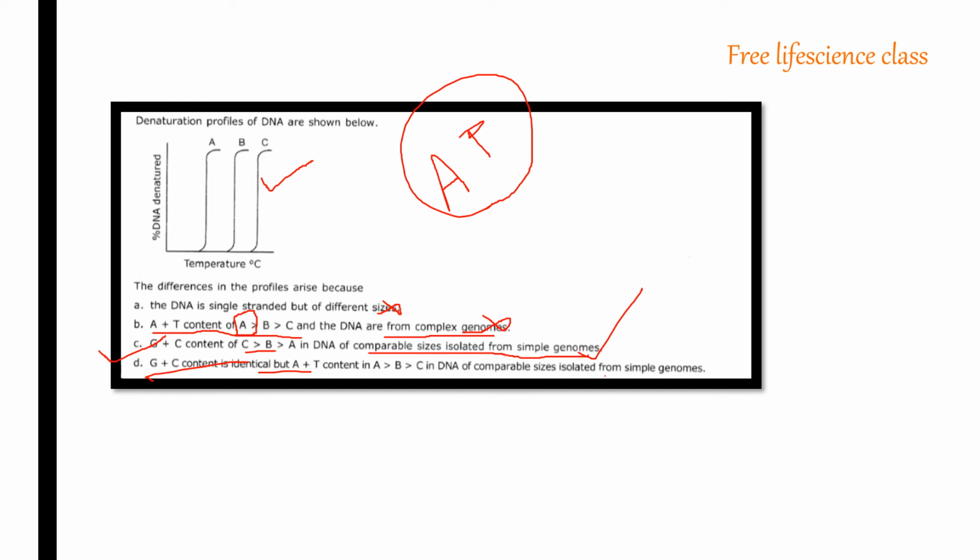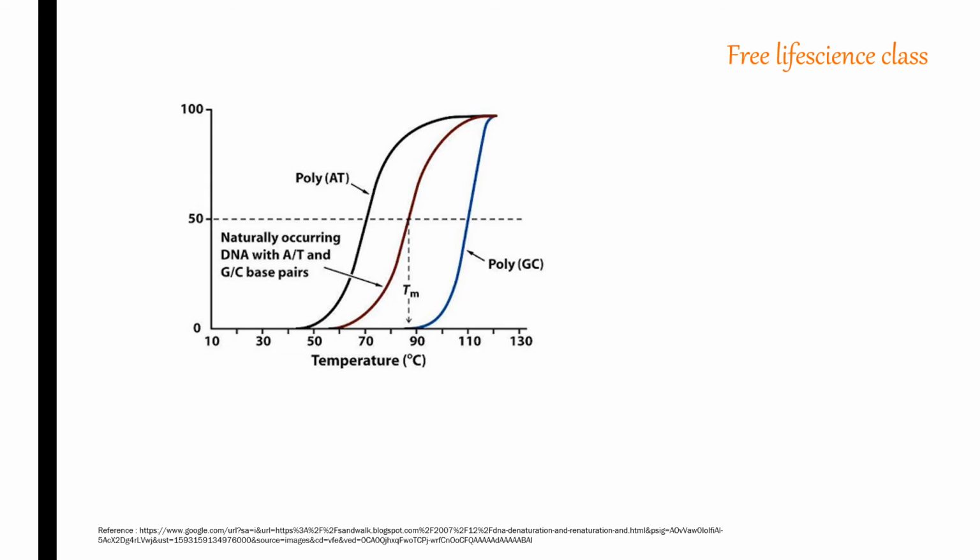For understanding, I will show a graph. Here you can see the actual DNA, normal DNA consisting of AT and GC base pairs, and I am going to add more AT base pairs. The graph shifted to this place. That is, at lower temperature itself the DNA gets denatured.